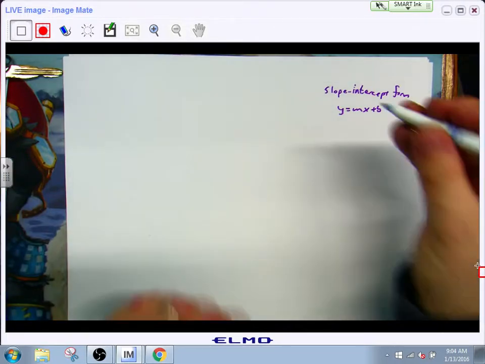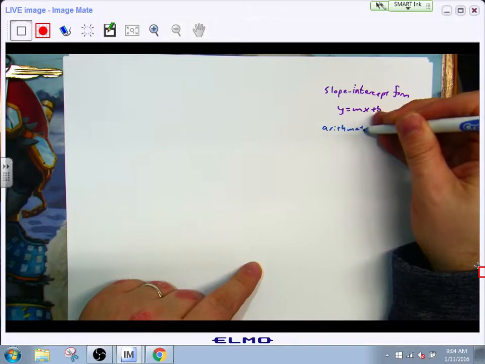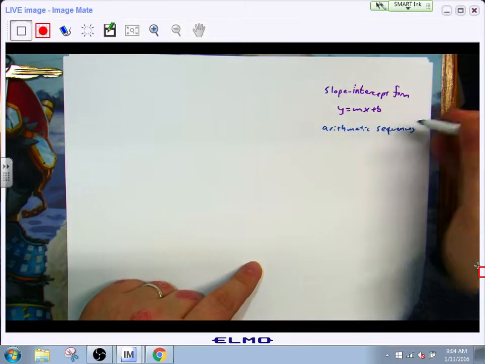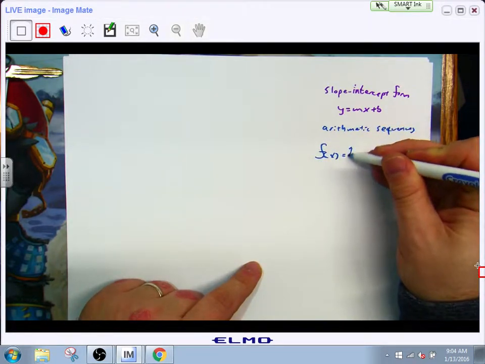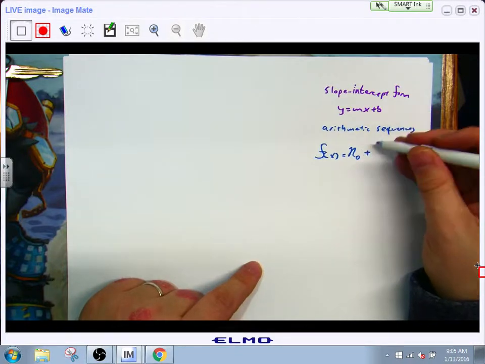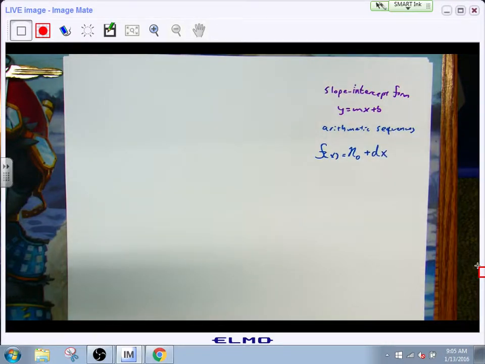We've also been talking about arithmetic sequences, where we have f of x equals n0 plus our common difference times x. These are all ways that we've used to construct linear equations.